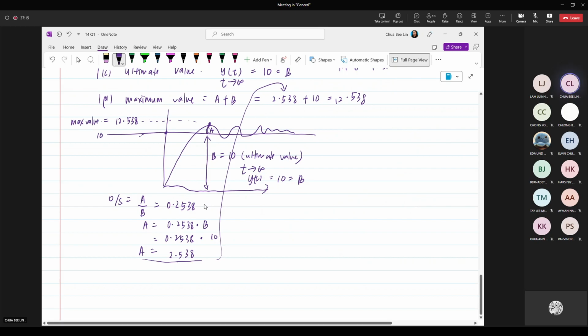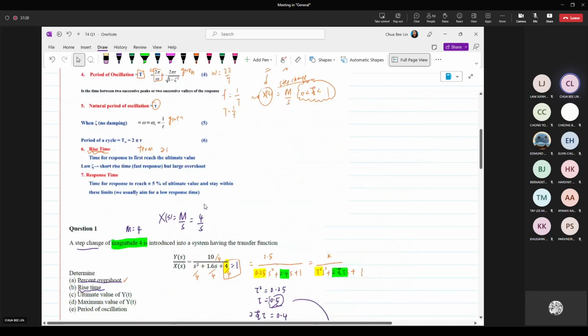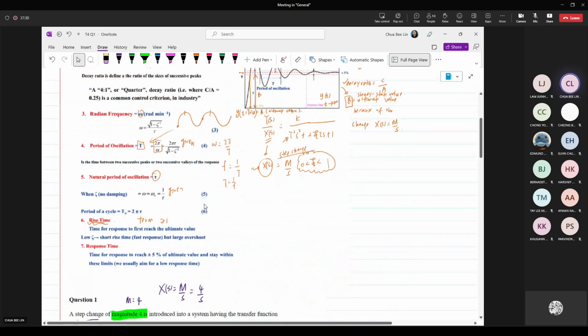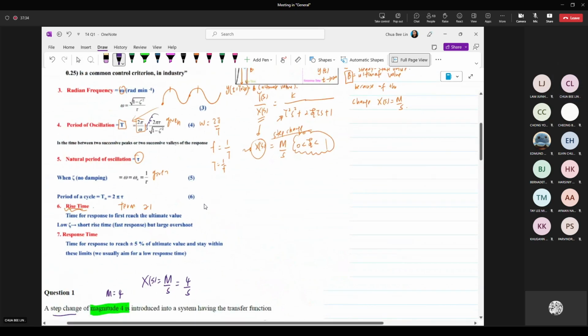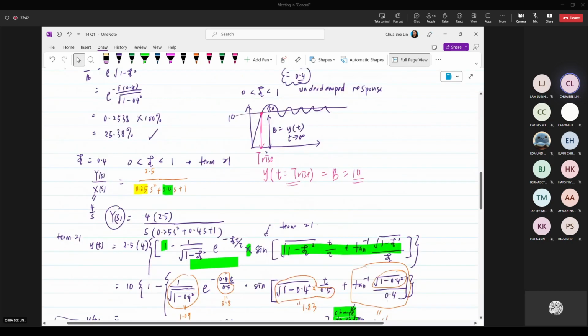Okay, and lastly, the 1E, which is the period of oscillation. Using the formula, period of oscillation is given. You just have to copy this one. So 2 pi tau over square root of 1 minus damping factor power 2. So this is the period of oscillation.